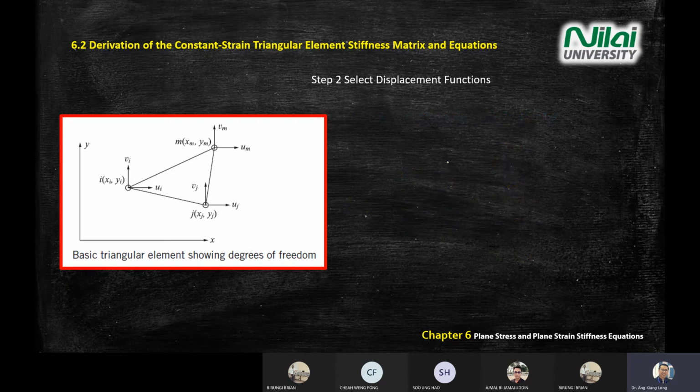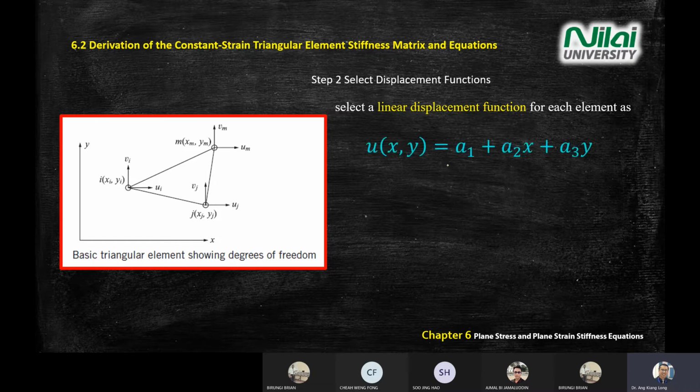The next one is the displacement function. So we always start with a very simple equation. We start with the linear displacement function, and this is the polynomial equation in linear form, meaning you write u, this is the function, u in the xy direction. So you can write u equal to a1 plus a2x plus a3y.